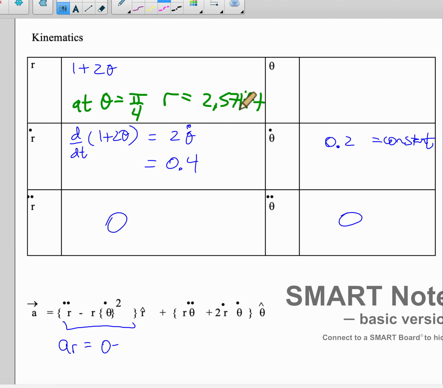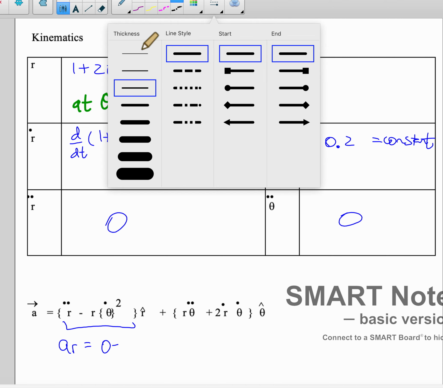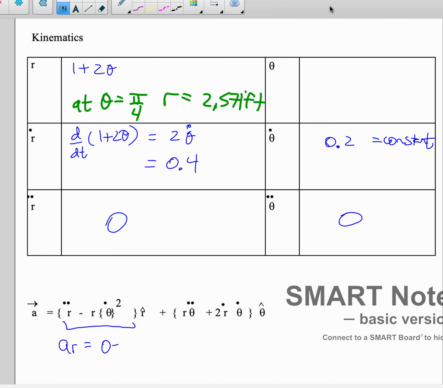So now back to the calculation of radial acceleration. So 2.571 times 0.2 squared. So that works out to minus 0.1028.